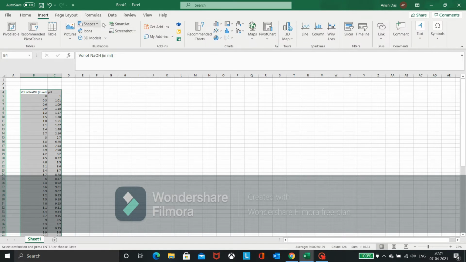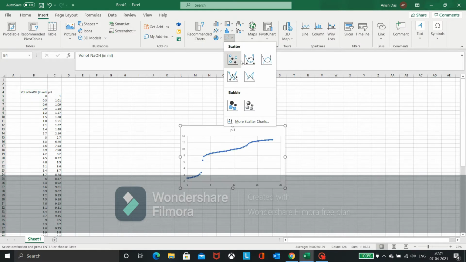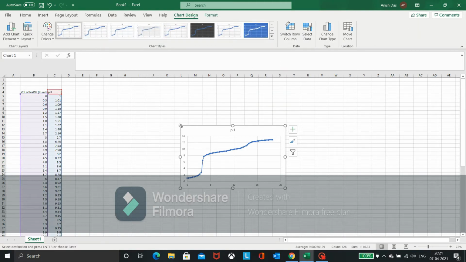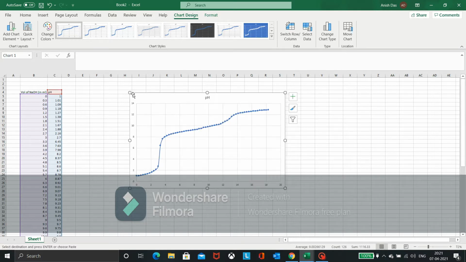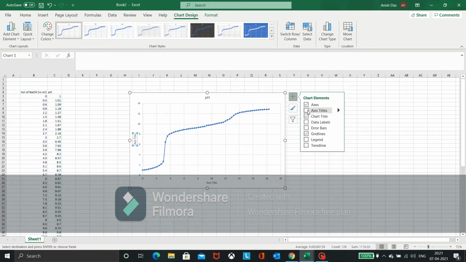So we go to Insert, and then from the chart, we get the scatter graph with smooth lines, and here is our graph with the y-axis being the pH and the x-axis being the volume of the NaOH.